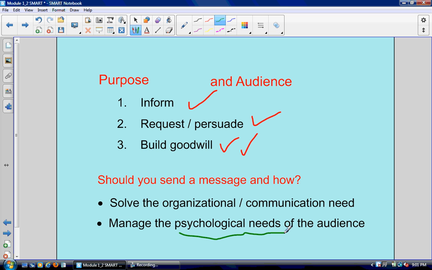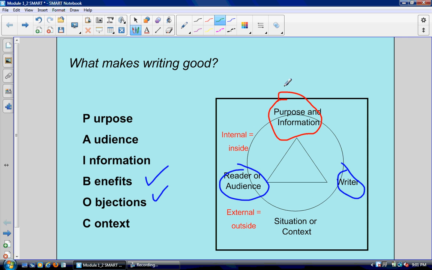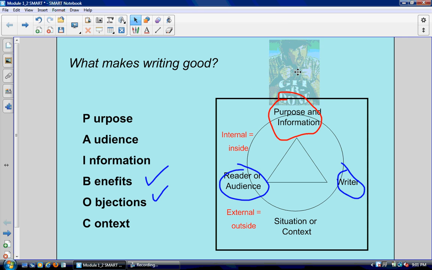On the other hand, if it's just a quick, "I need a confirmation," maybe a text message is appropriate in your organization's culture. So you want to think about what's the channel? Should you send a message? How should you send it in order to solve that organizational or communication need, purpose, and meet the psychological needs of your audience so that in the end you get her done, right?